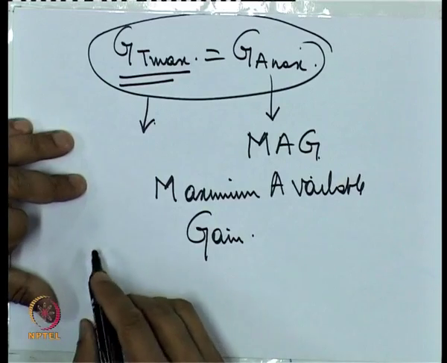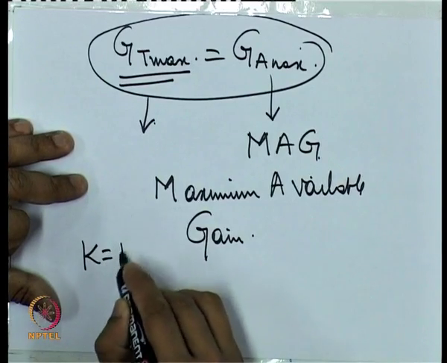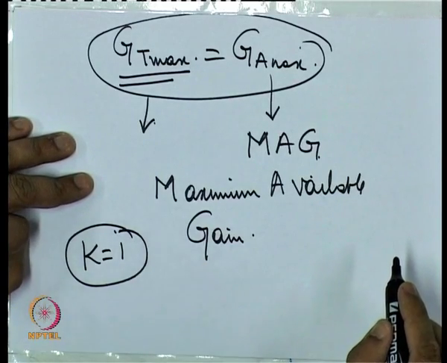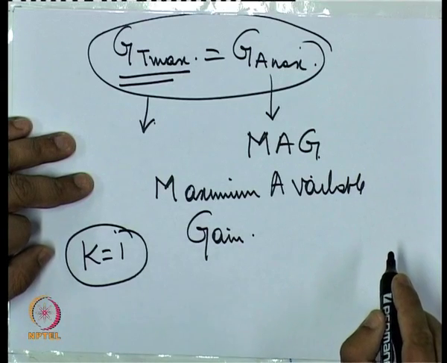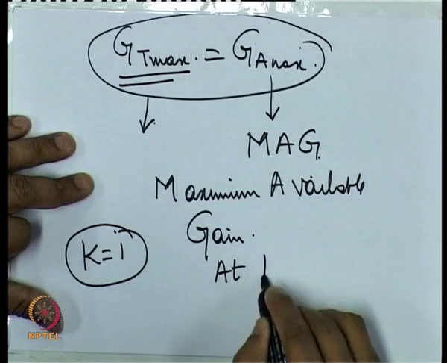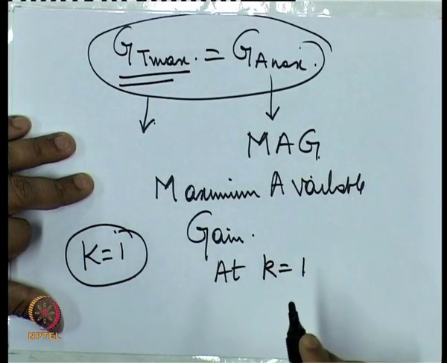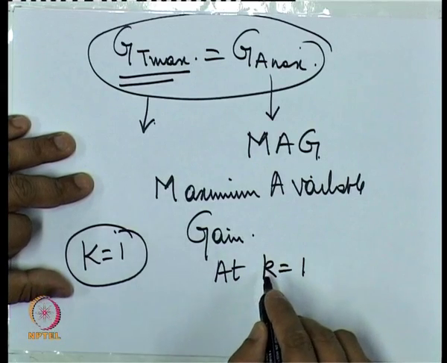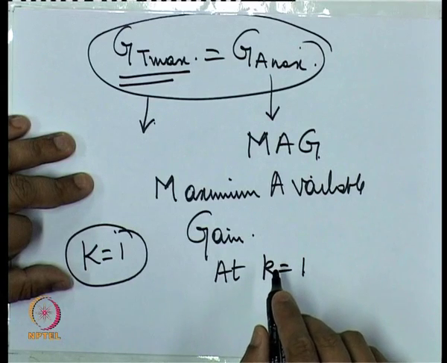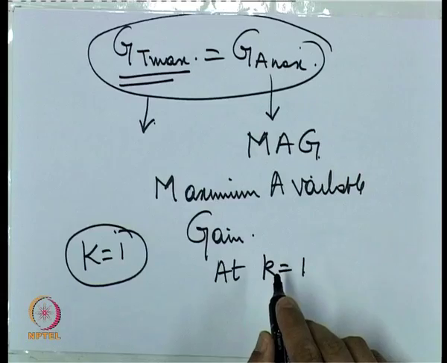Now we see that K equal to 1 defines the boundary between unconditionally stable and potentially unstable. By the way, this K is the stability factor that we had studied previously, and that is also related to this GT.